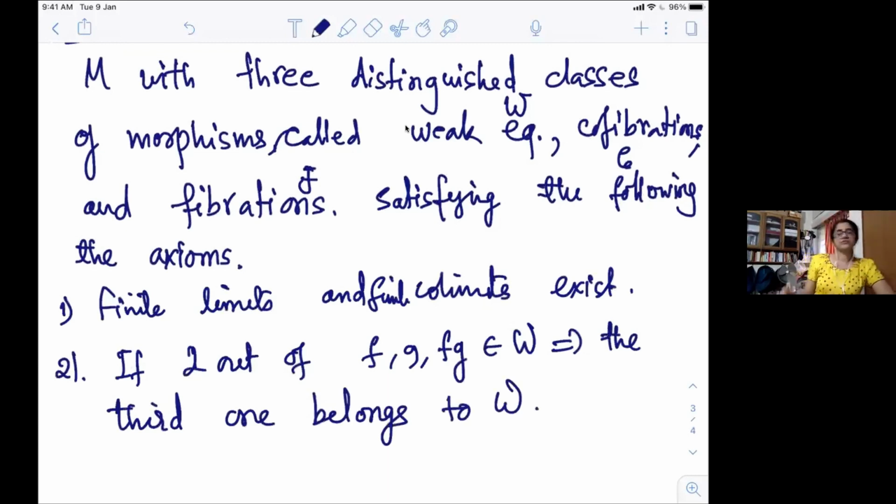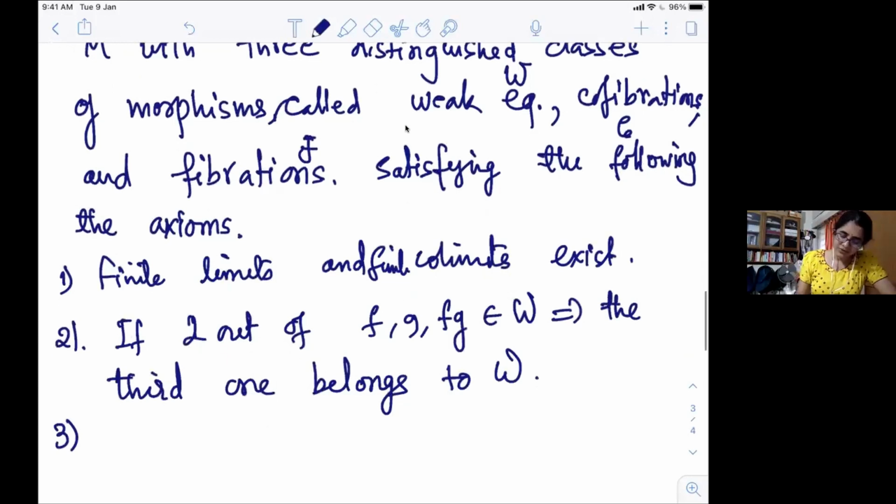So it's saying that if f and g are weak equivalences, so is the composition. If the composition and one of the morphisms is a weak equivalence, then the third one also has to be. Then we have a condition which says that retracts of cofibrations should be cofibrations.